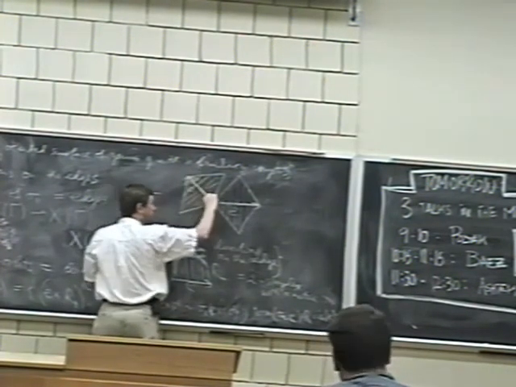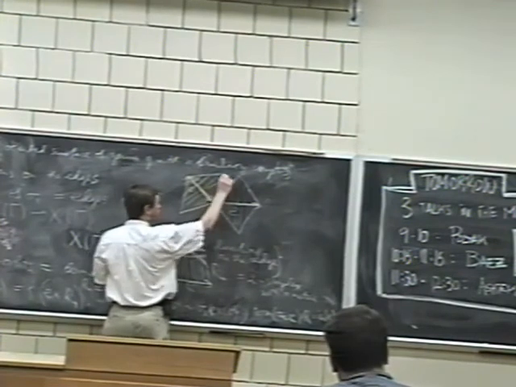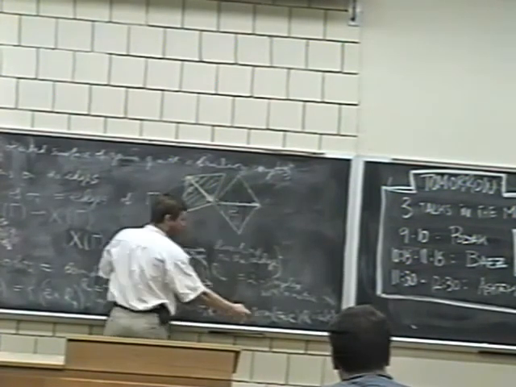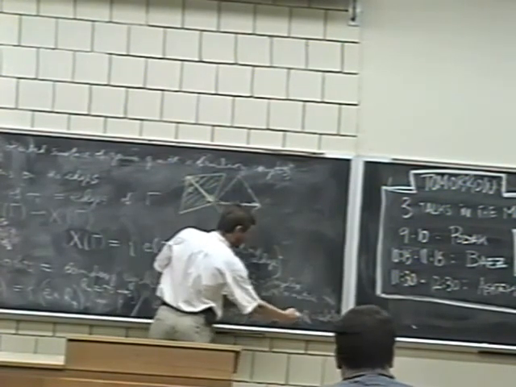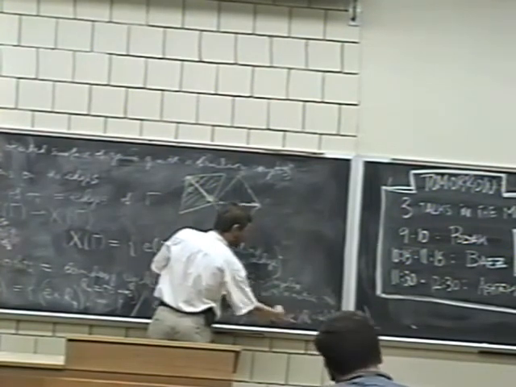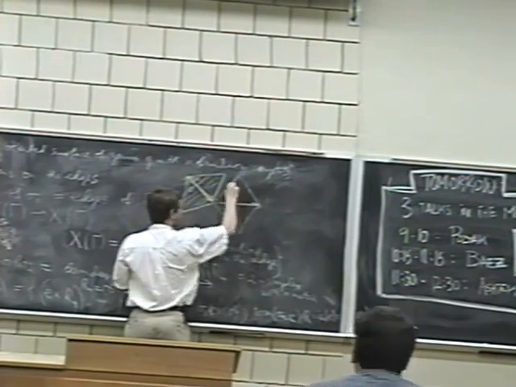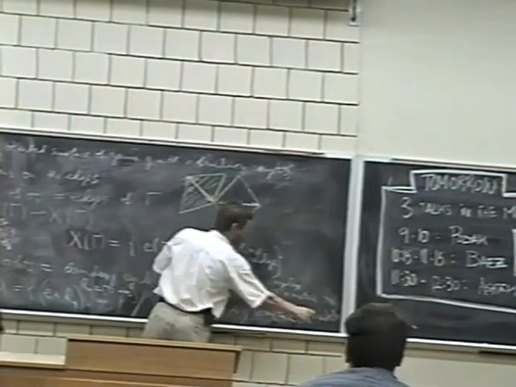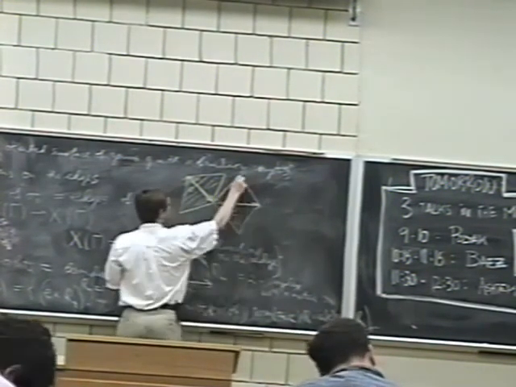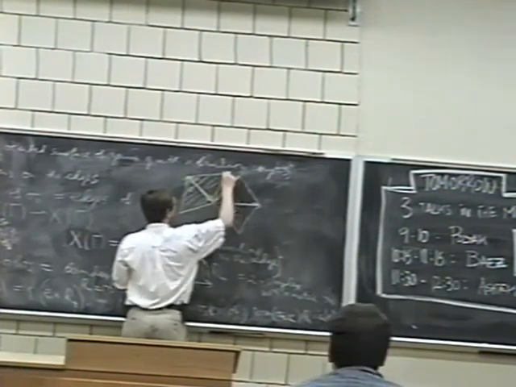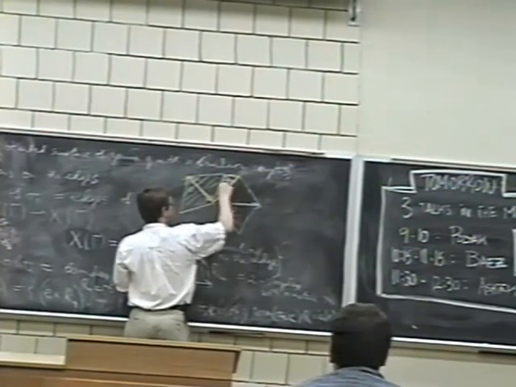So it will be this particular edge, which I have over here, and I identify the terminal vertex of this edge cross R with the initial vertex of this times R. So I glue those things together.